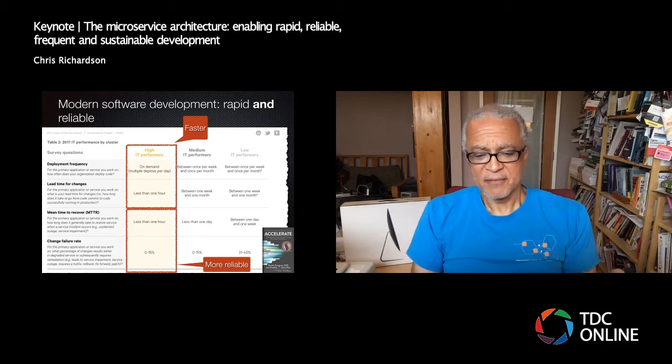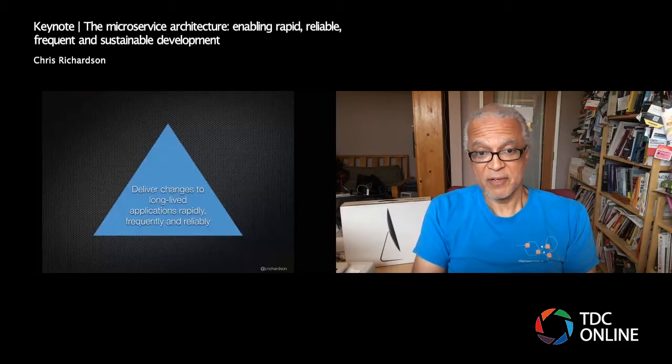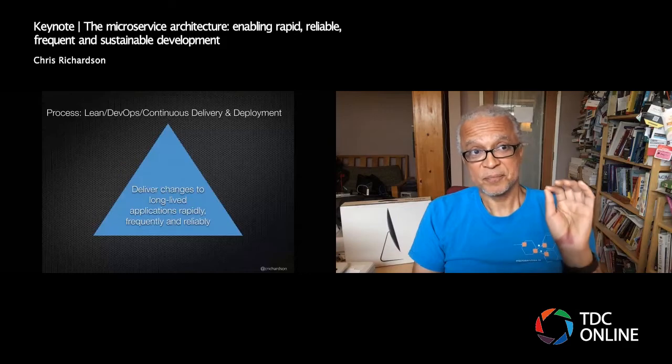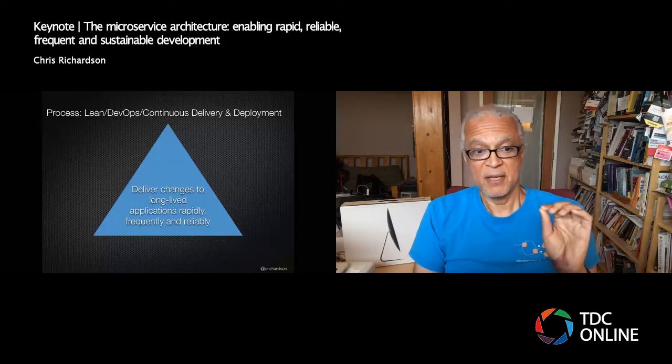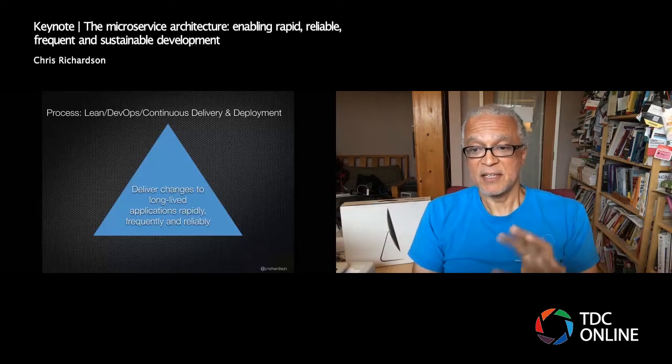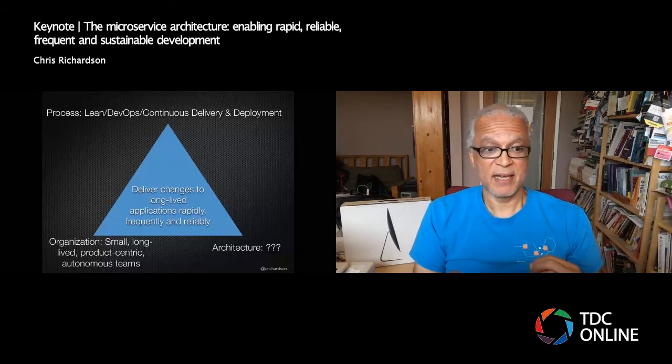So I like to think of what you need to do in order to deliver software rapidly, frequently, and reliably in terms of this success triangle. And there are 3 factors. You've got to have the right process, you've got to have the right organizational structure, and you need the right architecture. The process that you should be following is DevOps, and I'll talk more about that in a minute.